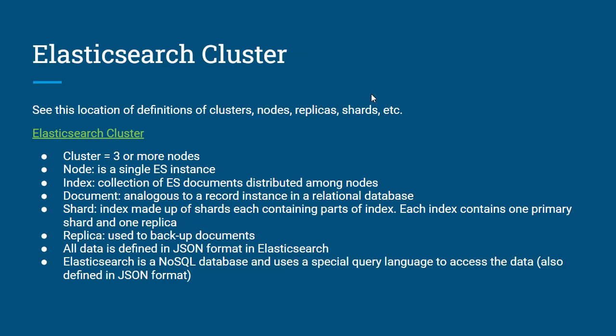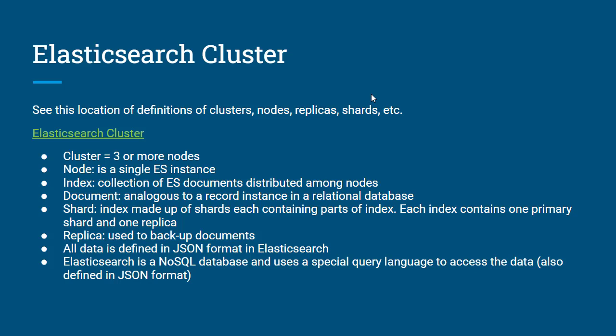Usually you spread this across multiple computers, and what it does is it spreads all the documents among multiple computers, so you can expand and have a large amount of data. An index is a collection of Elasticsearch documents distributed among the nodes. A document is analogous to a record instance in a relational database.